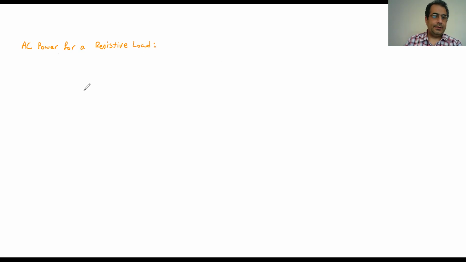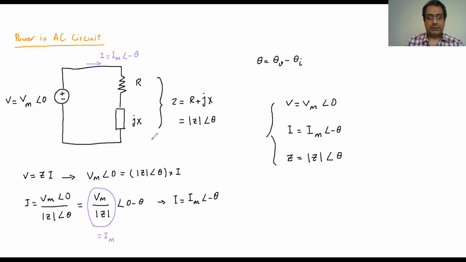The L is 0. There is no capacitance, there is no inductance in the system. So in the previous one, the X is 0. This jX here is going to be 0. There's only R in the system.